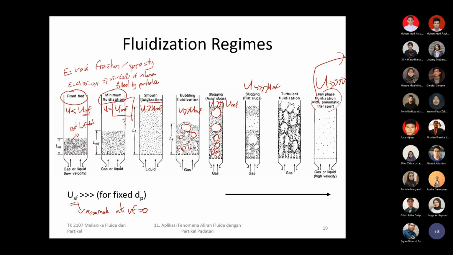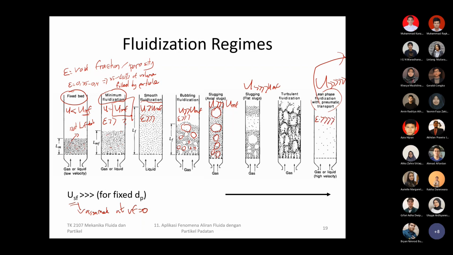And of course, when you keep increasing the velocity, epsilon will start to increase. That means it becomes more voided. You have more space inside of the vessel, up until the most extreme one.